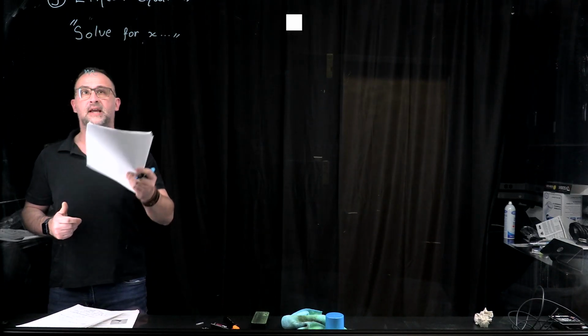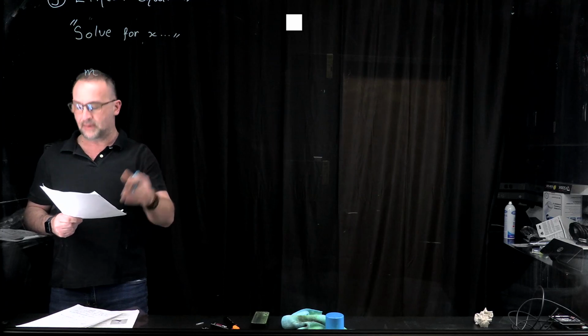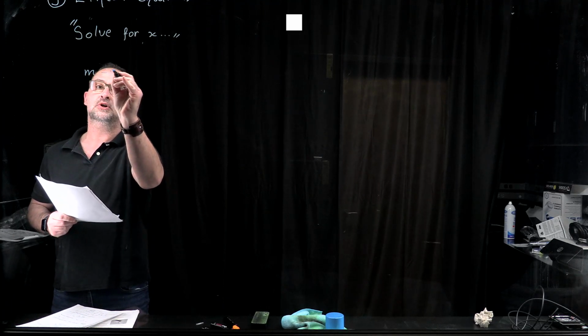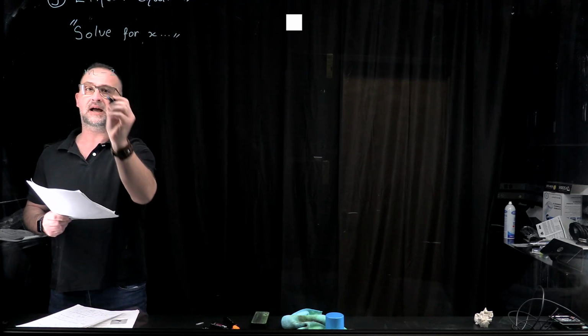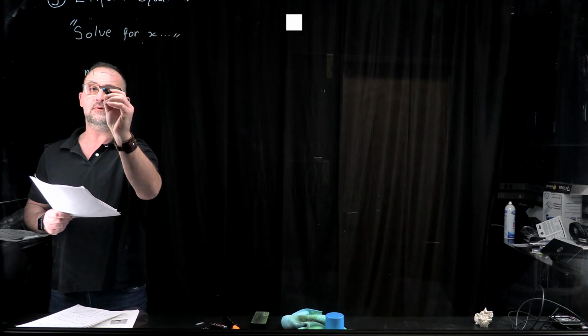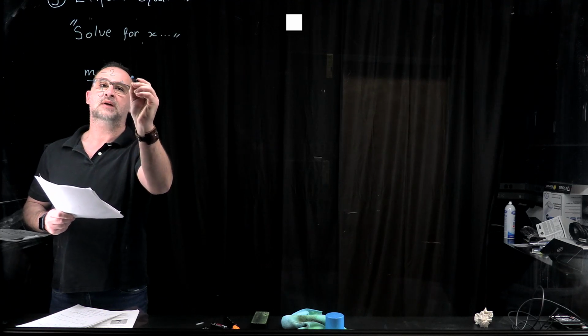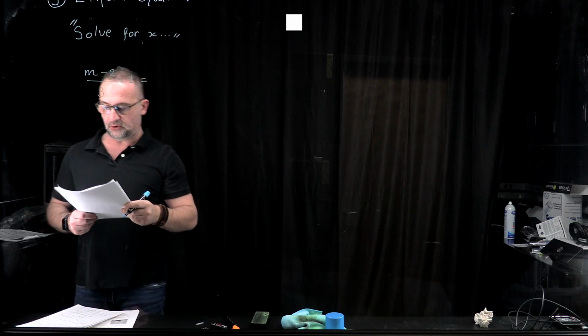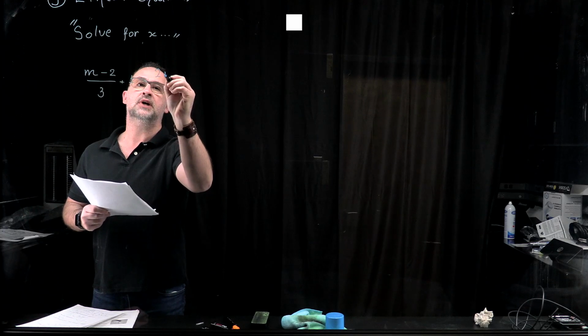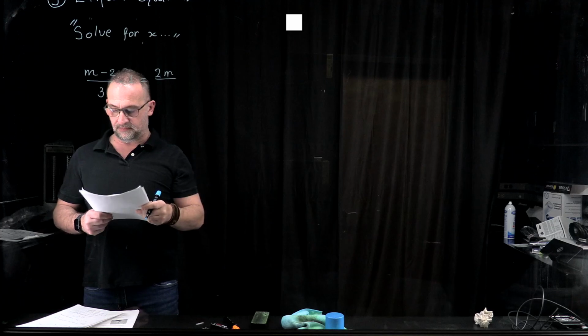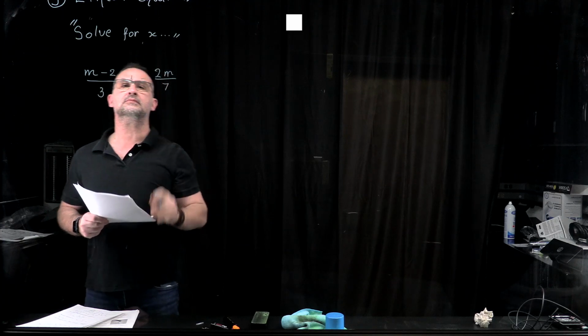In this particular case, it's going to be solve for m. M is our unknown, so we have a fraction here, (m minus 2) divided by 3, plus 1, and that is equal to 2 times our unknown m divided by 7.